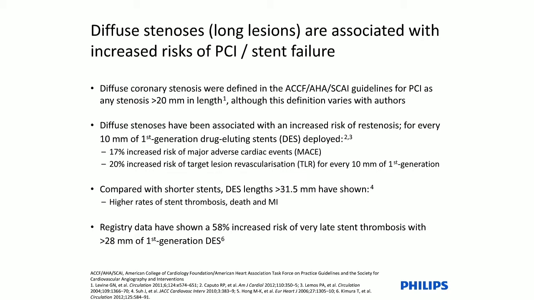But if you look at the literature, you can see that those studies that have used different definitions always came with the same type of conclusions: the longer the stenosis, the more extensive the narrowing of the coronary vessel, the more possibilities you have of having MACE in the long term after stenting or target lesion failure, or that you have also more possibilities of having stent thrombosis, even very late stent thrombosis.